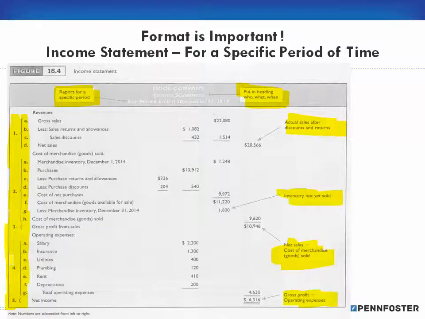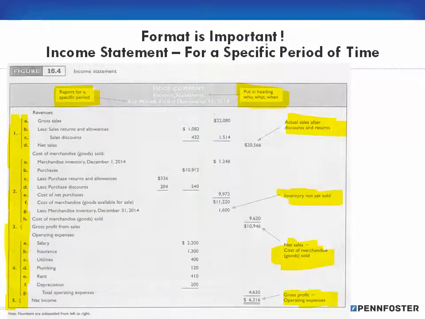So it would say A is our gross sales, and then you're able to look at the income statement to actually see this gross sales, all right? So when you strip out all of this other stuff, now you have a basic idea of what an income statement looks like.